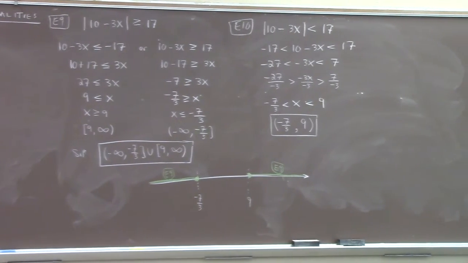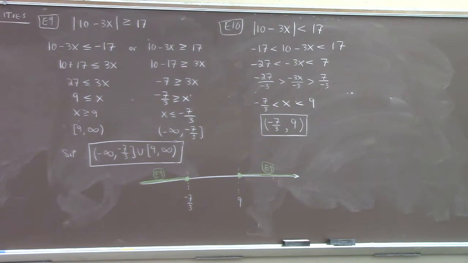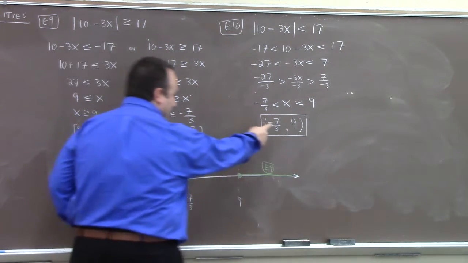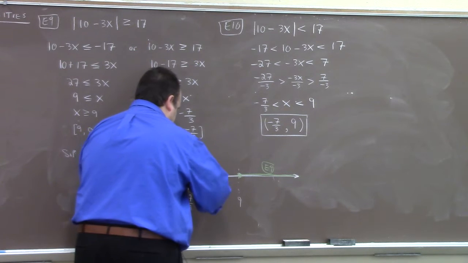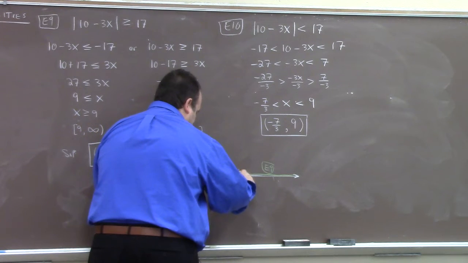Oh, sorry to those of you at home, I forgot to pan over. It's in the middle space, right. So minus 7/3 to 9. And of course I'll draw circles to indicate it's not including those points, right?